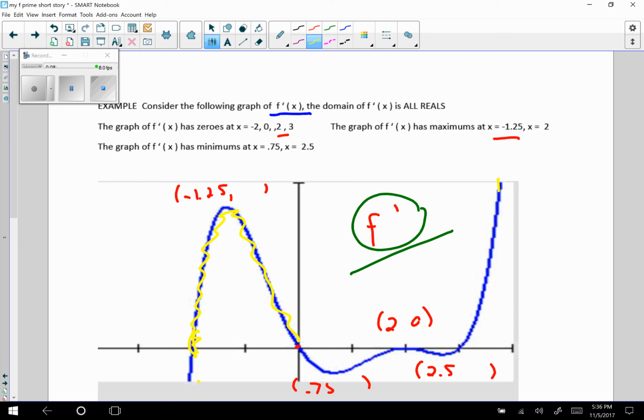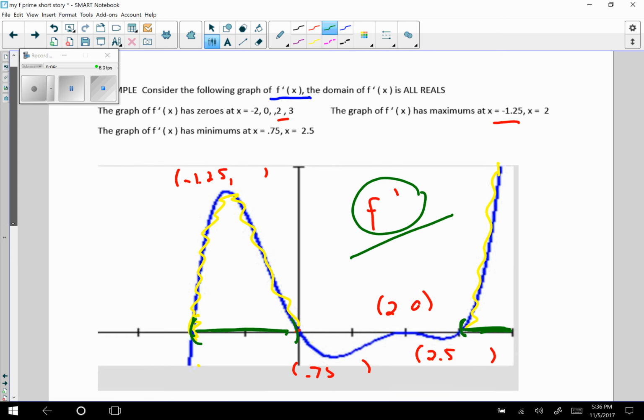So on this interval, right here, f prime is positive. Where else is f prime positive? Well, f prime is positive over here on this interval right here. So this interval and this interval is where f prime is above the x-axis, positive. That's where f is increasing.